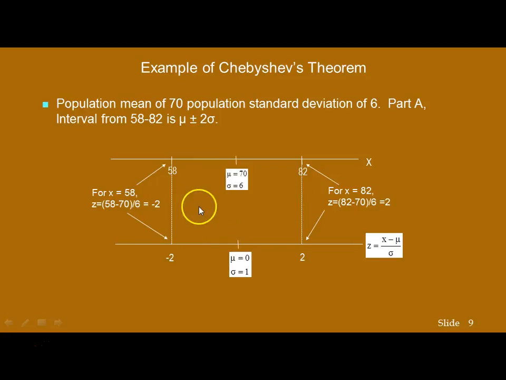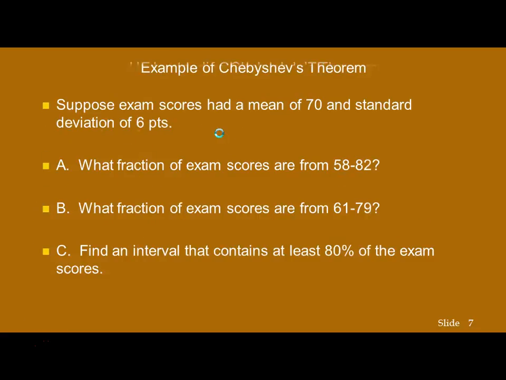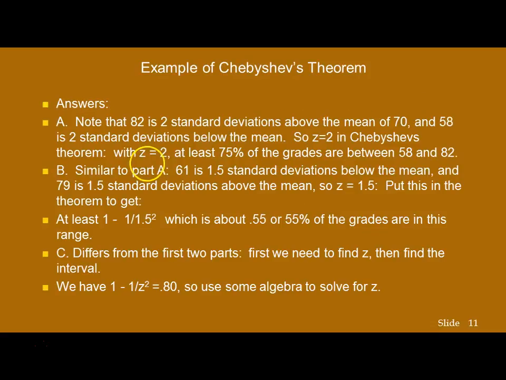So my z-value here is 2. I'm going mu plus or minus 2 standard deviations. And as we just learned a minute ago, when you go mu plus or minus 2 standard deviations, you have at least 75% of the data. So the answer to part A is at least 75%, because your endpoints are 2 standard deviations from the mean.